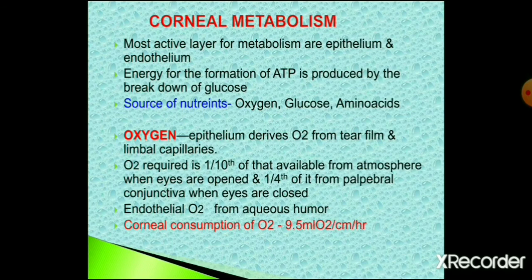So epithelial oxygen is derived from the tear film and limbal capillaries, out of which 1/10 is available from the atmospheric air, that is when the eyes are open, and 1/4 from the palpebral conjunctiva when the eyes are closed. Corneal consumption of oxygen is 9.5 ml oxygen per centimeter per hour.